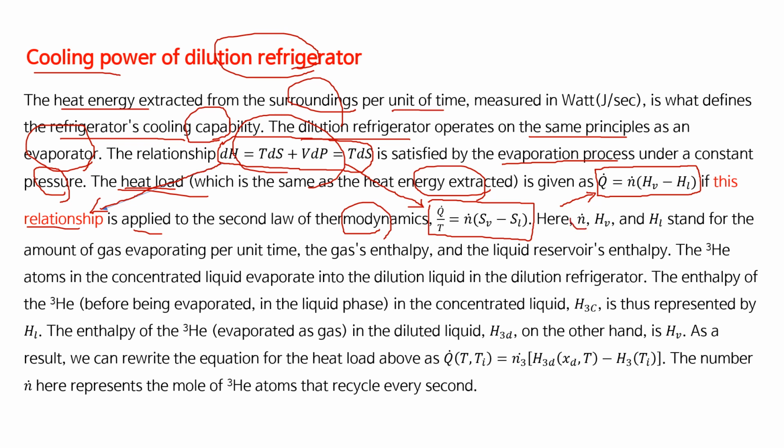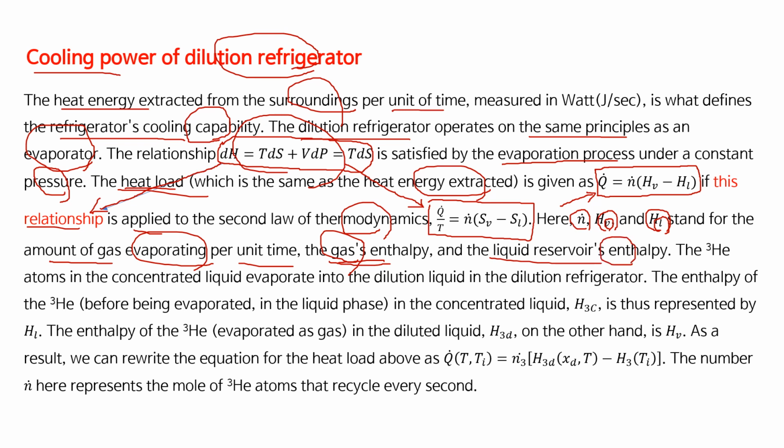Here, n dot, HV and HL stand for the amount of gas evaporating per unit of time and the gas's enthalpy. V stands for vapor, so the gas's enthalpy, and L stands for liquid, so the liquid reservoir's enthalpy.